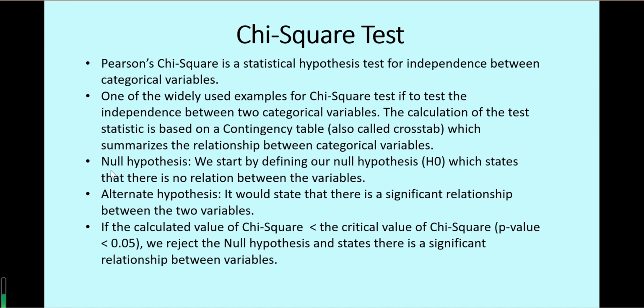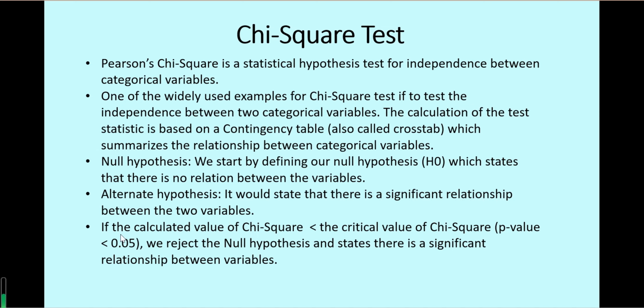First we define a null hypothesis, which states that there is no relation between the variables. There is another hypothesis called alternate hypothesis. It would state that there is a significant relationship between the two variables.